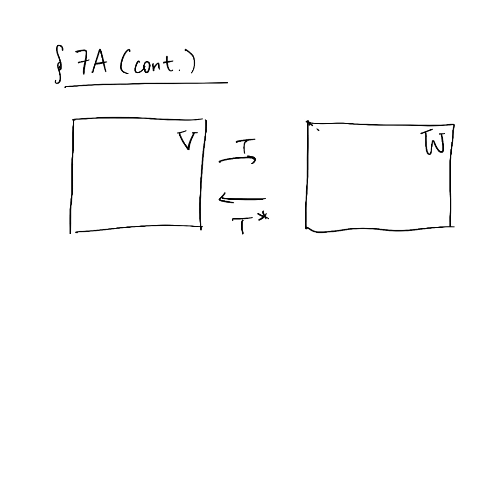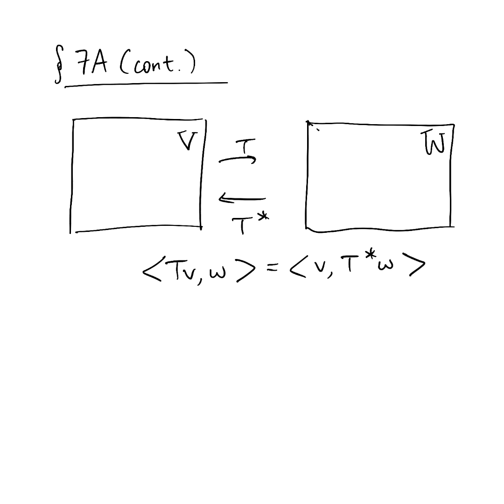T maps left to right from V to W, and it's got this cousin T star that maps right to left, where the connection between T and T star is that they're complementary in a very specific way. If you take the inner product of TV with W, that's the same as taking the inner product of V with T star W.